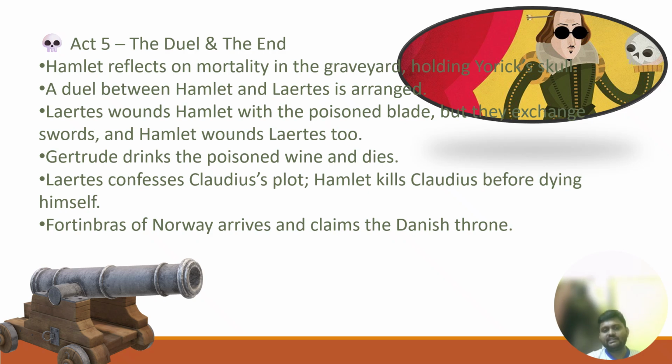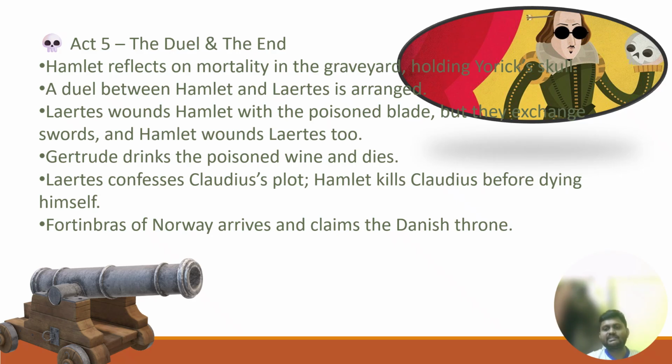While dying, Laertes confesses Claudius' plot of killing Hamlet, and Hamlet kills Claudius just before dying. Meanwhile, Gertrude too dies by drinking the poisonous wine which Claudius had brought for Hamlet.